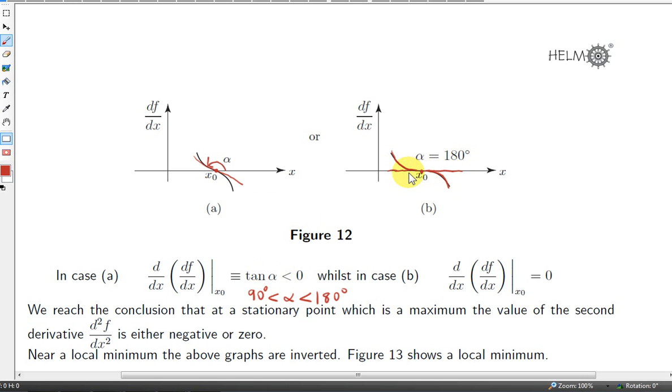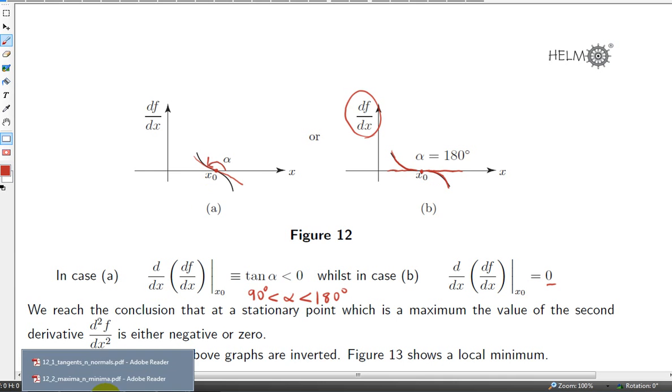So the slope of the tangent is 0, or the derivative of this function with respect to x at x0 is 0. So if you think about it, these are the only two possibilities for when we have a local max of our original function at x0.